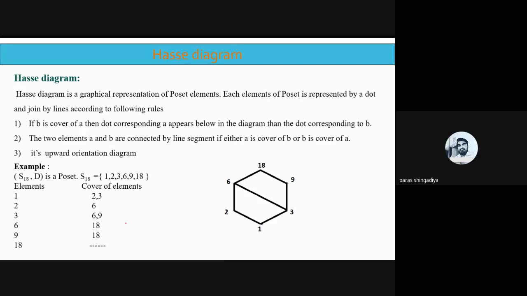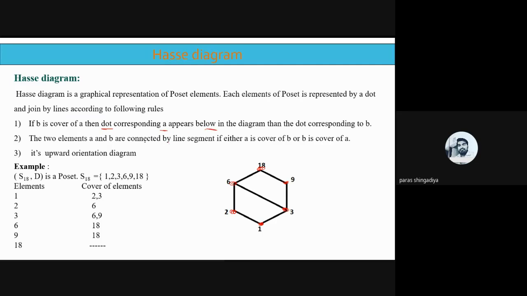Okay. And now this is the Hasse diagram of this one. First consider the place of each element. Okay. And we are using a dot to represent each element. By using the first condition of the Hasse diagram, if B is a cover of A, then the dot corresponding to A appears below the dot corresponding to B in the diagram.